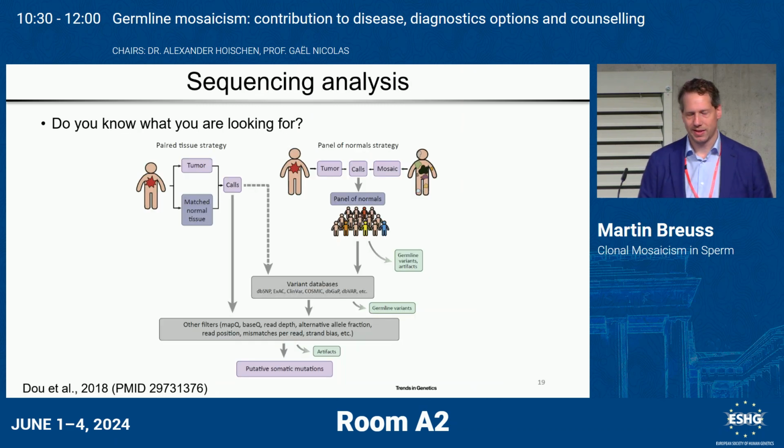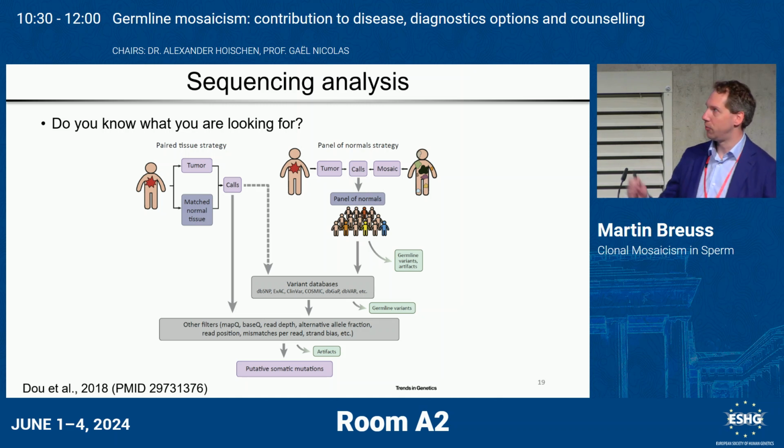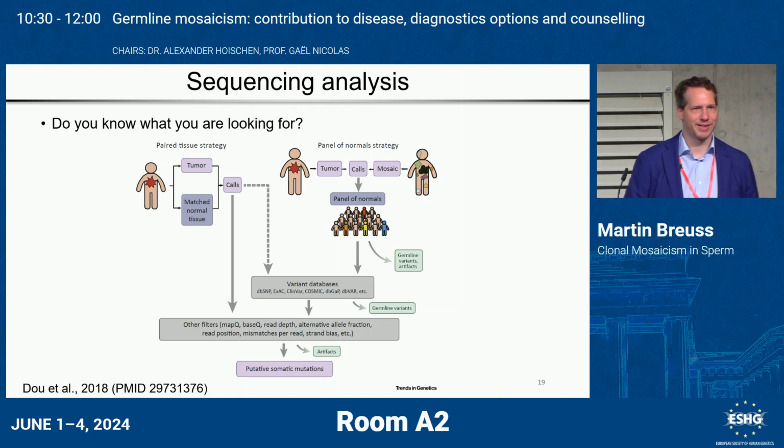Just one last slide on the technologies. This is not for us to walk through and understand all the details, but just to illustrate that what we're doing with mosaicism analysis is very often built on cancer biology and cancer mosaic analysis. However, cancer mutations are inherently different in a few ways. First of all, we normally do not find mixed mosaicism in cancer, but have it confined to the tumor.